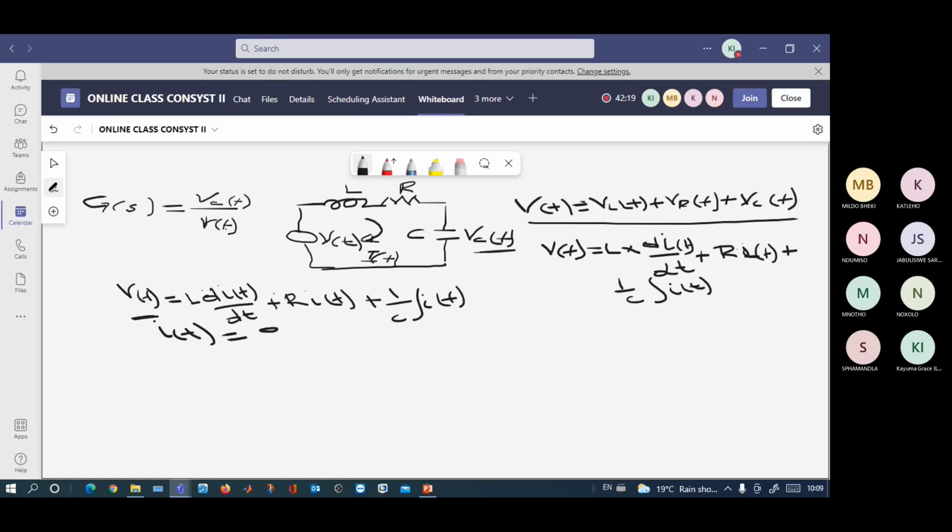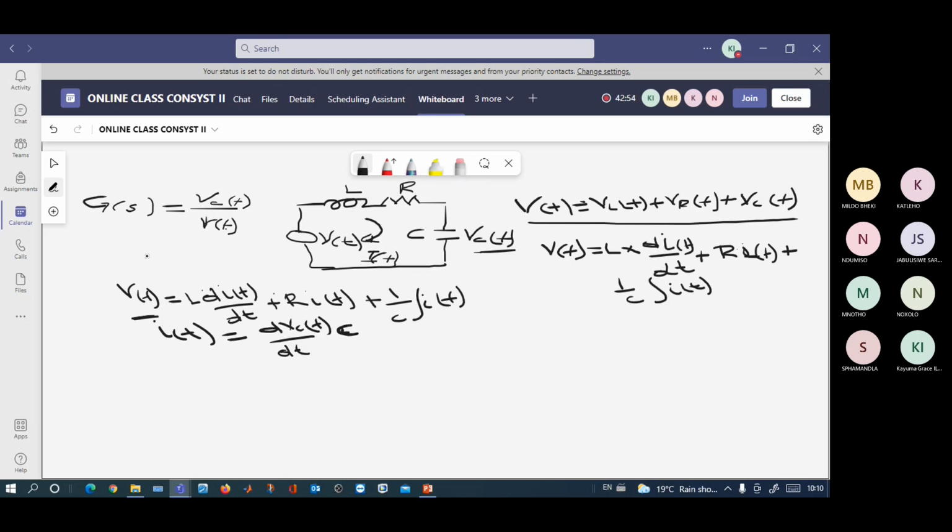It's going to equal d vc of t over dt, times C. So this is the formula here now.